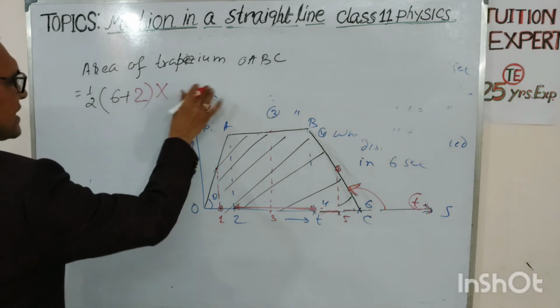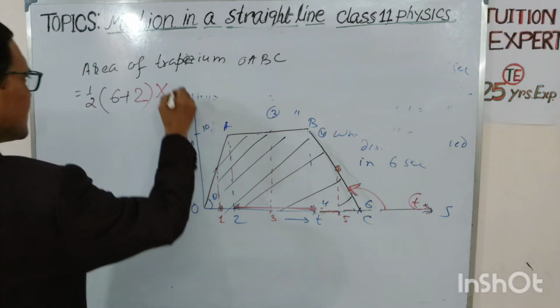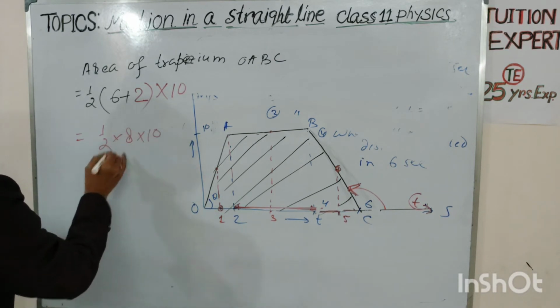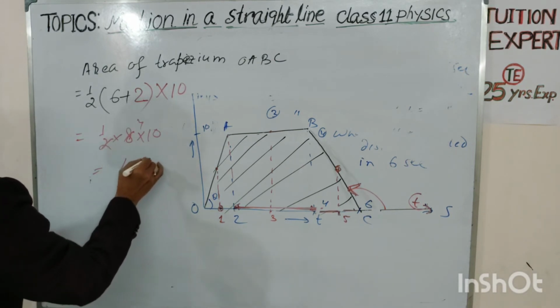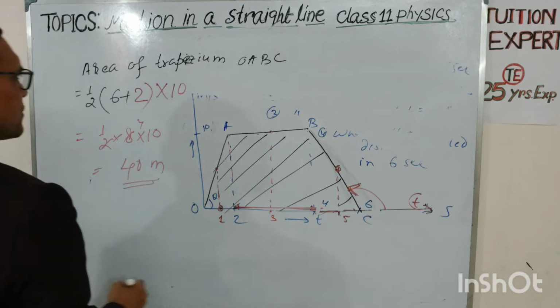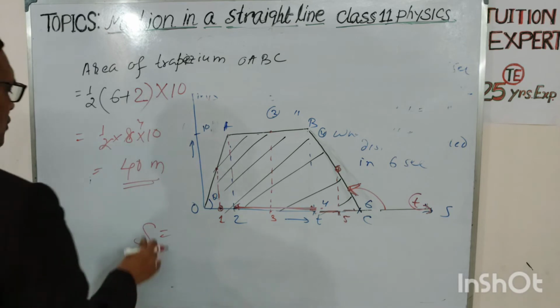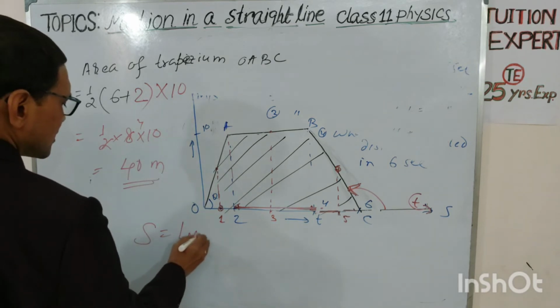Height is 10. So that is 40 meter. The area has unit meter square, but as the distance traveled equals the magnitude of the area, this is 40 meter.